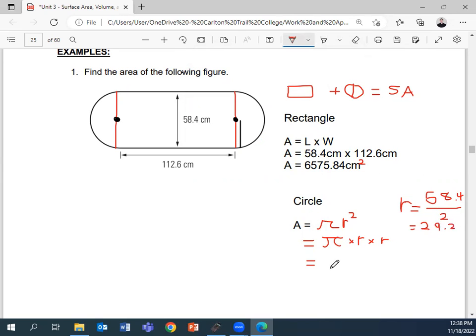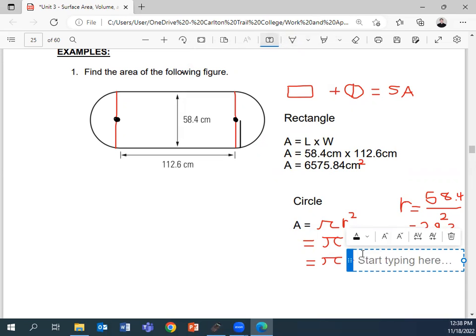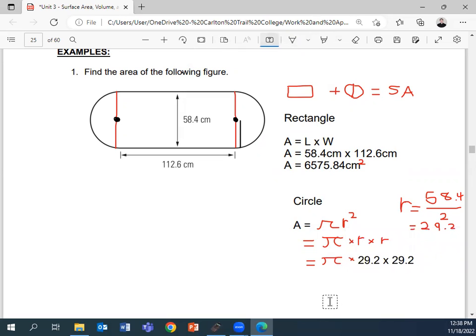Cool. I now have my radius. So pi times, oh shoot, what did I say? 29.2 times 29.2, right? And it makes sense why I have two of them, right?